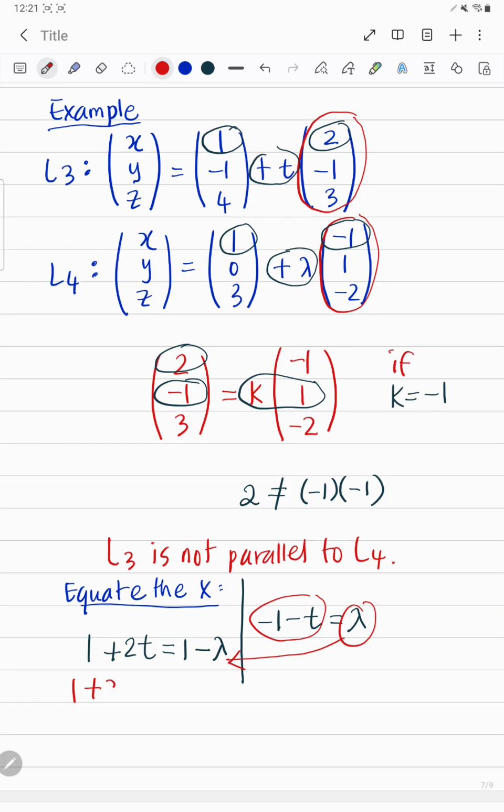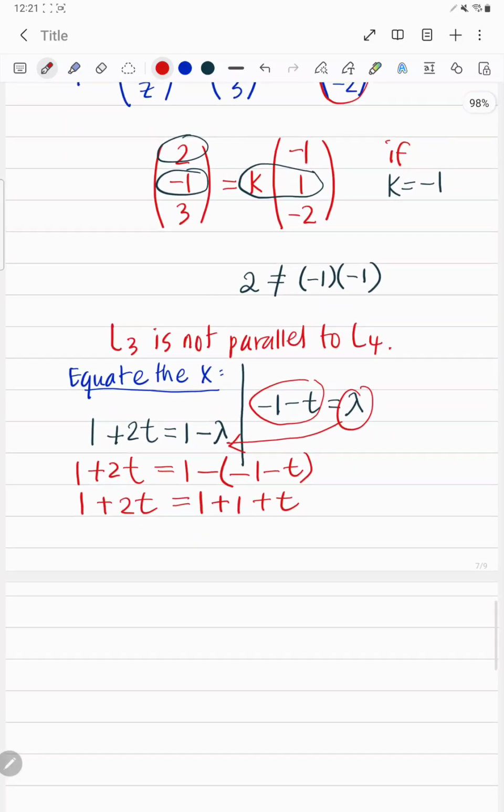So 1 plus 2t equals 1 minus (negative 1 minus t), which is 1 plus 1 plus t. And we can see that t is actually 1. With t equals 1, we can find lambda, which is negative 1, negative 1, negative 2. So lambda is negative 2, t is 1.